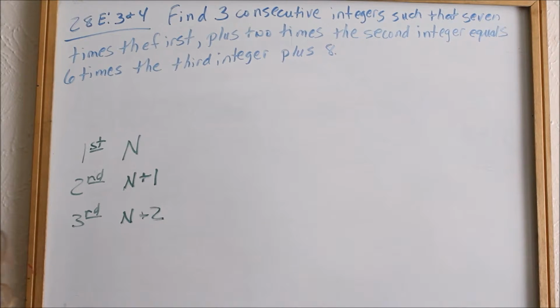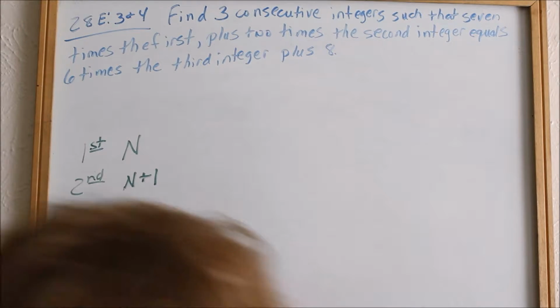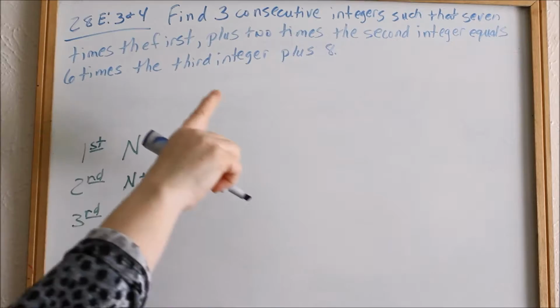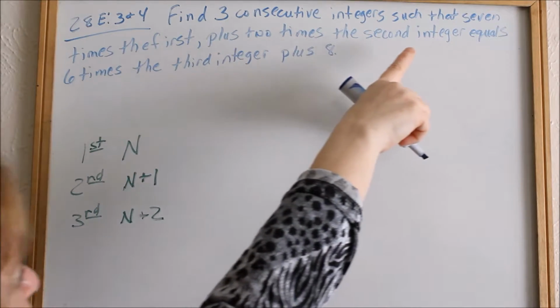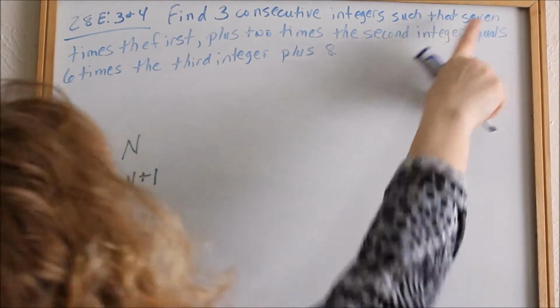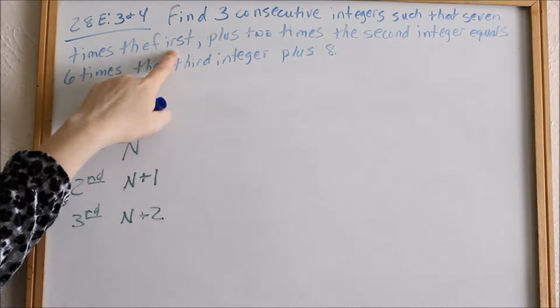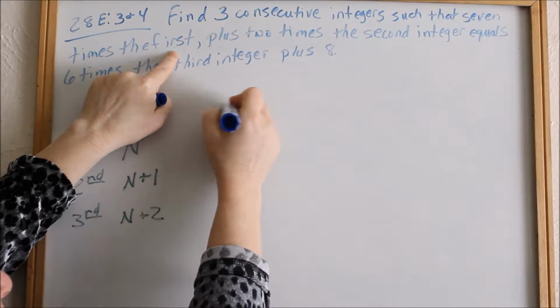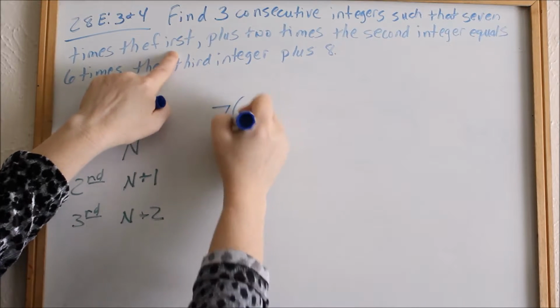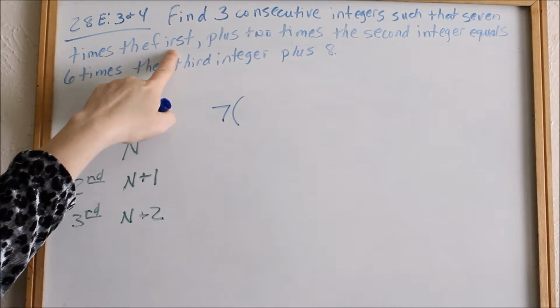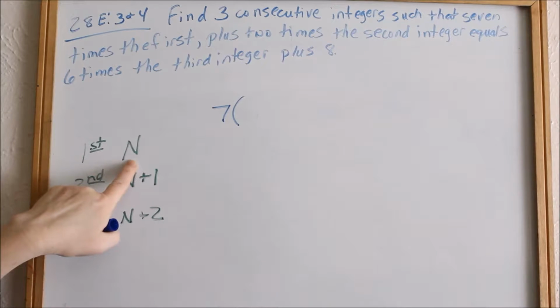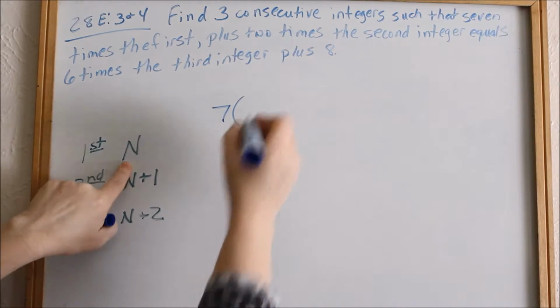Now I go back to the problem and I write my equation. The problem says find 3 consecutive integers such that 7 times the first. How do I say 7 times the first? 7 times, I use parentheses, the first. What is my first integer? n.